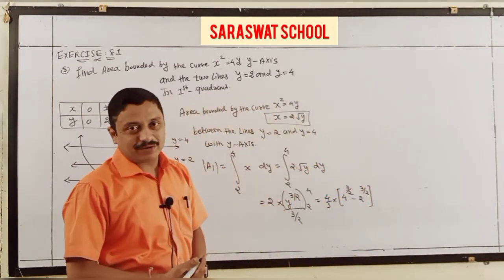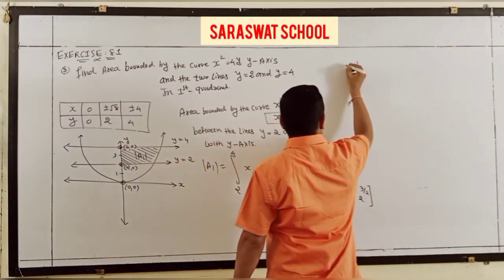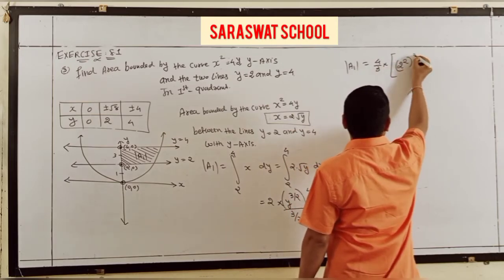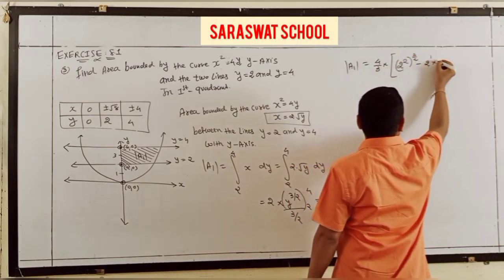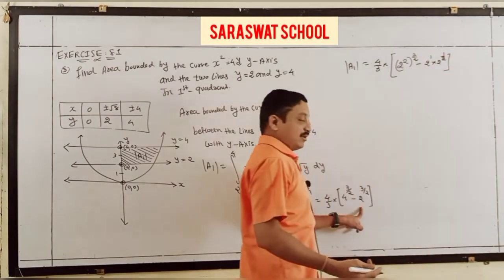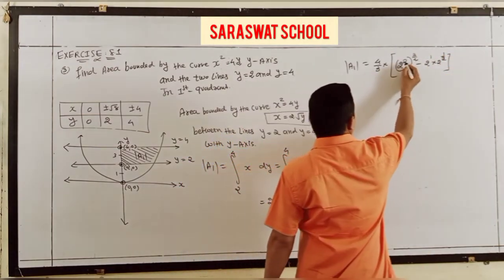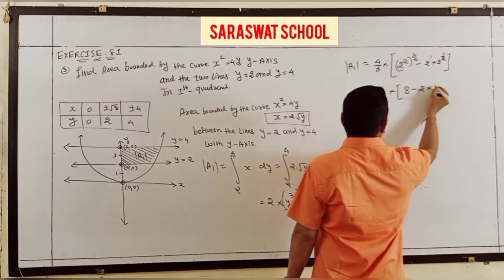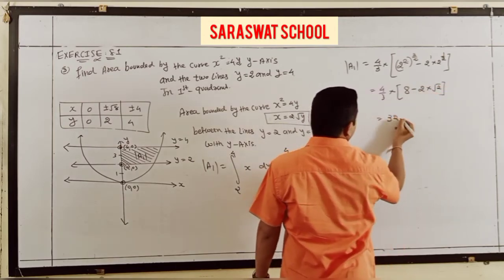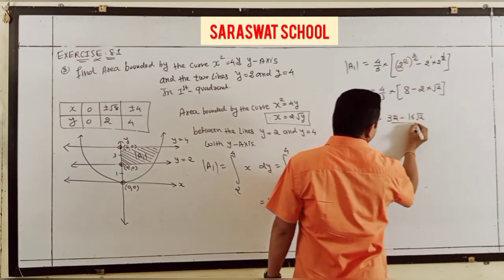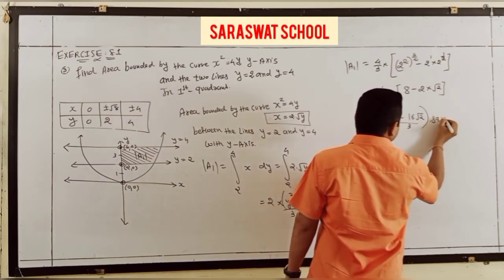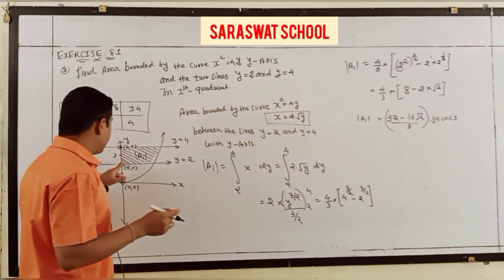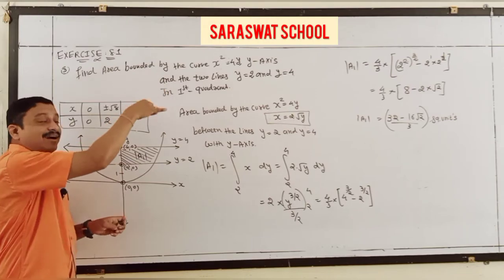Here students, you can calculate further. So area is 4 by 3, here 4 raised to 3 by 2 is 2 cube, 8, and 2 raised to 3 by 2 is 2 root 2. So finally you get 4 by 3 times 8 minus 2 root 2. It means 4 eights are 32, 4 twos are 8 root 2, so 32 minus 8 root 2 by 3 square units. That's your answer, the area bounded from 2 to 4 with the y-axis.